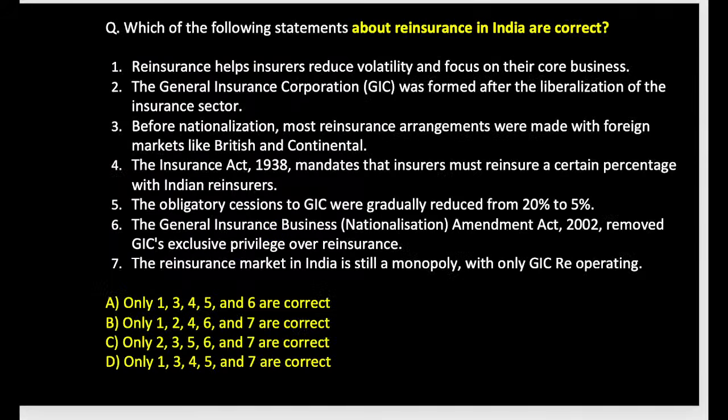Chalo, next one guys, next one. Which of the following statement about reinsurance in India are correct? Reinsurance, GIC Re, we have. So insurance companies getting insurance, that is reinsurance.